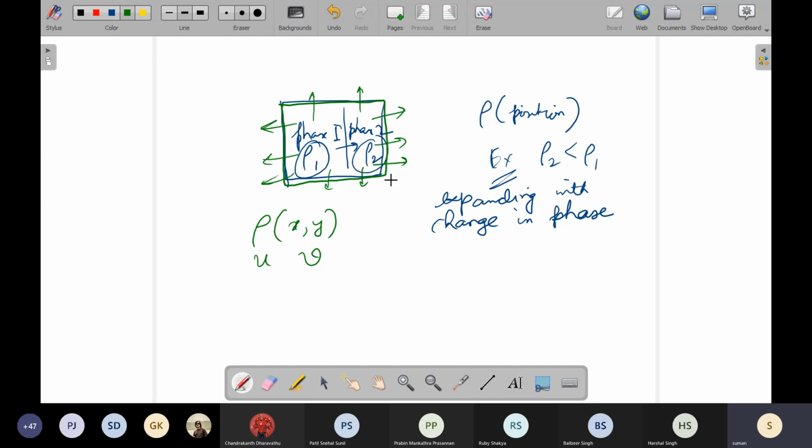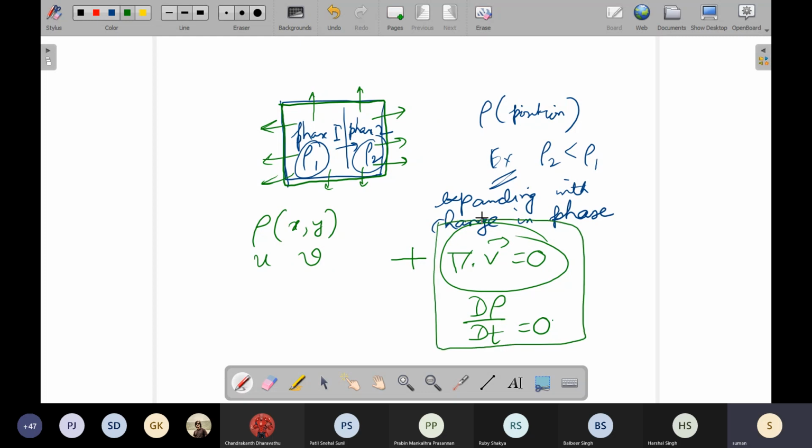But if they are incompressible phases, then this will be topped up with this incompressibility constraint, or equivalently the total derivative of density. So remember that this physical phenomenon does not require that it has to be incompressible, but there is also one possibility that it is incompressible. And if that possibility is there, these additional things have to be satisfied. That was the kind of mathematical problem that we talked about.